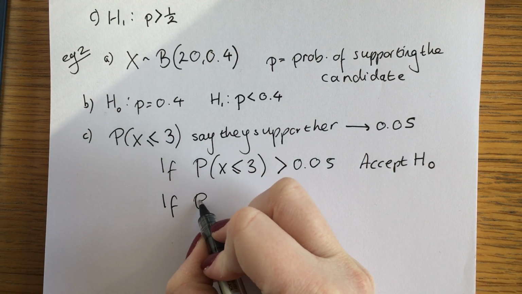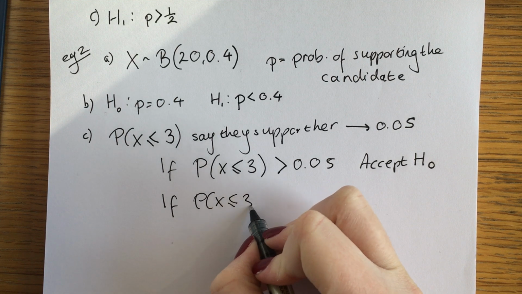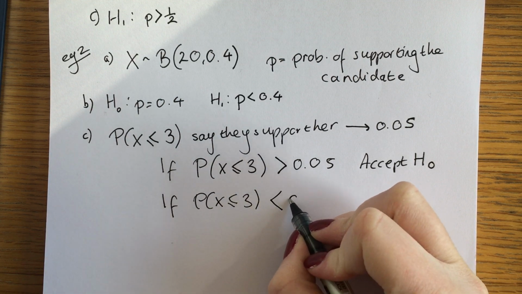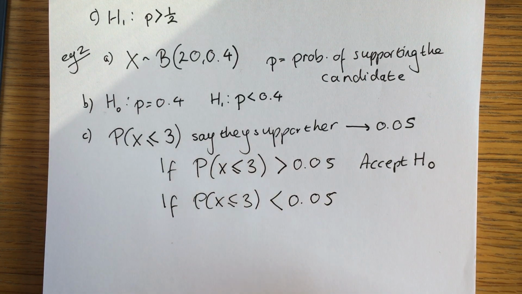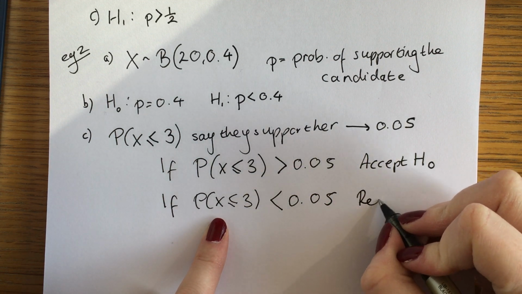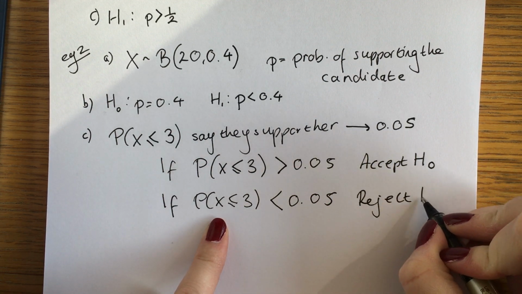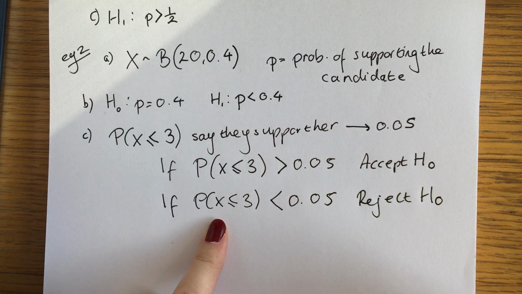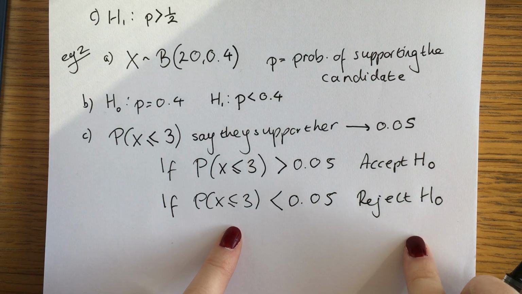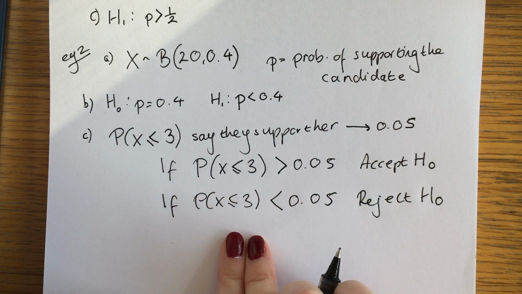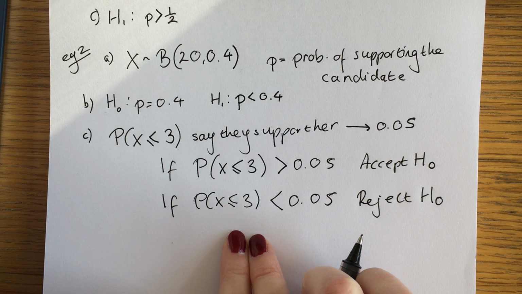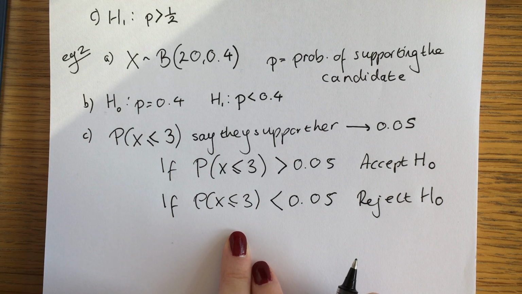But if the probability that 3 or less people is less than 5%, so if it's less than 5% likely that 3 or less people out of 20 would support her, then we would reject the null hypothesis, because it's so unlikely that 3 or less people in a sample would support her, given that 40% of people should.